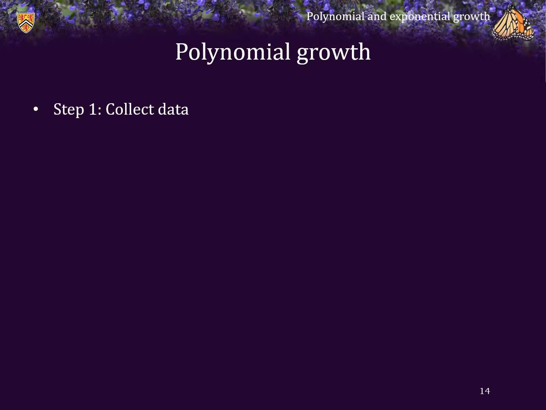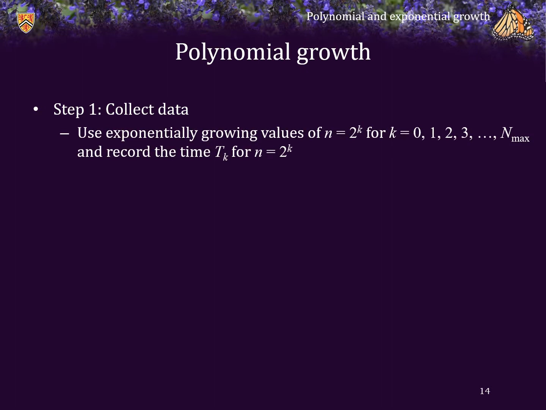All right, so the first step we're going to do is collect the data. So what we're going to do is use exponentially growing values of n. So n is going to be equal to 2 to the k for k going from 0 to some n max. And what we'll do then is record the time it takes your algorithm to run for each value of n equaling 2 to the k.